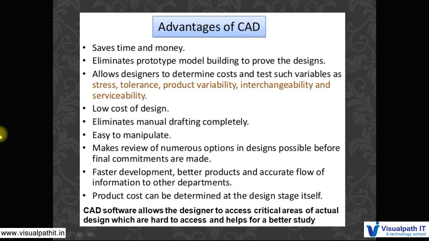CAD software allows the designer to access critical areas of the actual design which are hard to access and helps for better study. For example, if you take an engine, inside the cylinder it is generally hard to access the area and visualize how it looks from the piston.